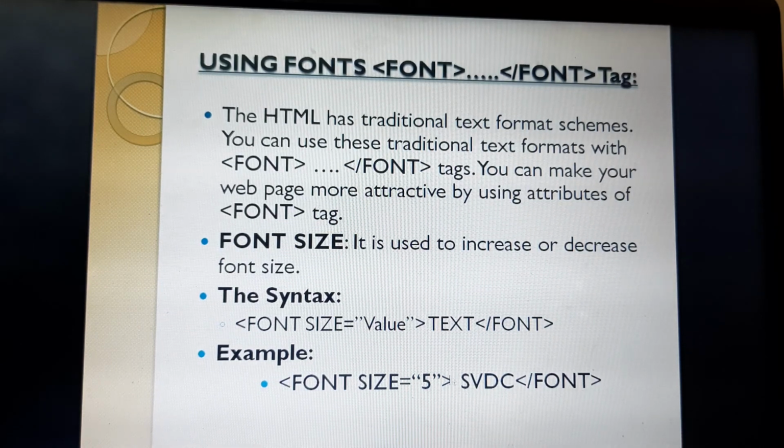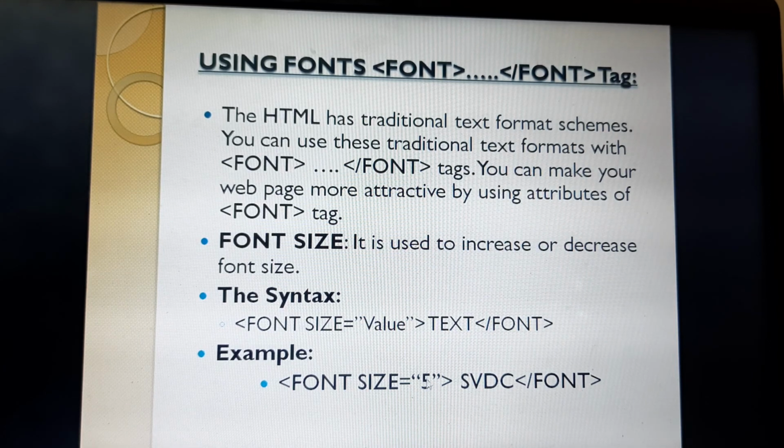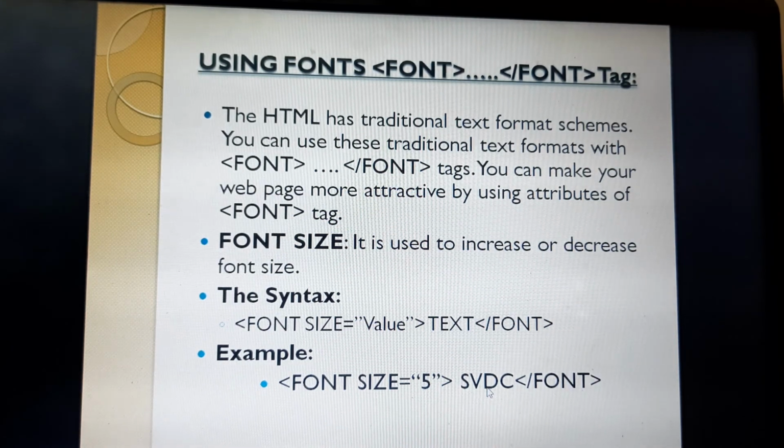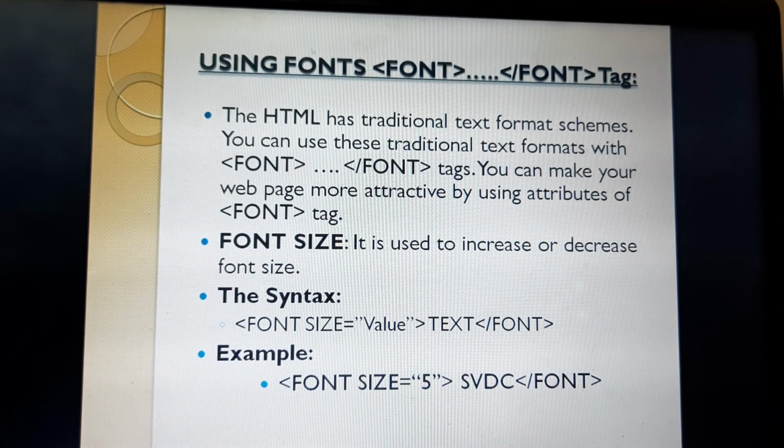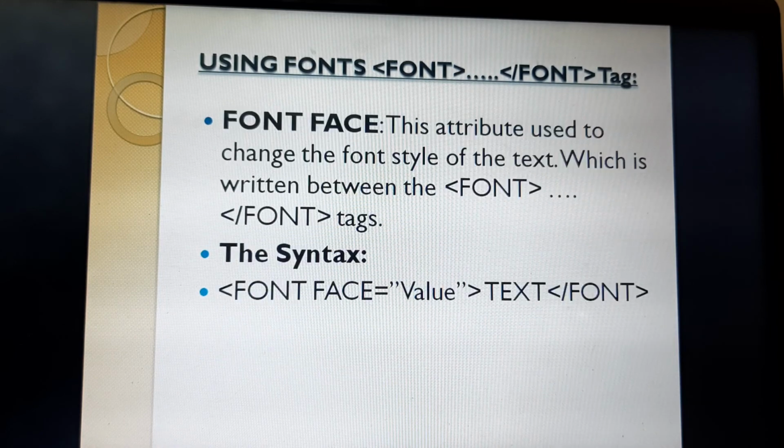SVDC is the text, and it is going to be displayed in size 5. If we make it 10, the SVDC text becomes size 10. So we can increase or decrease the font size of the SVDC text with the help of size.